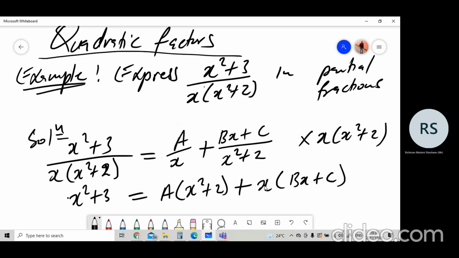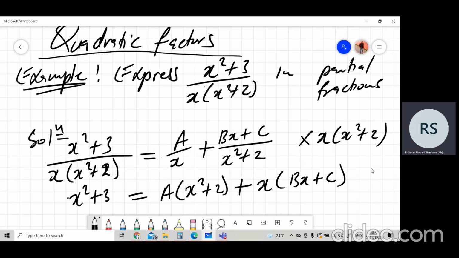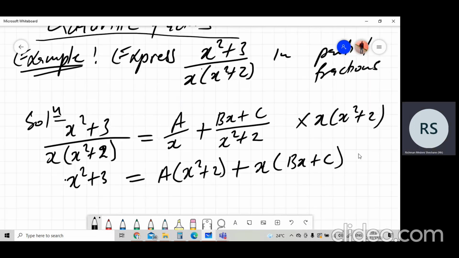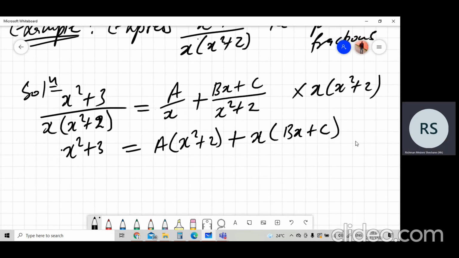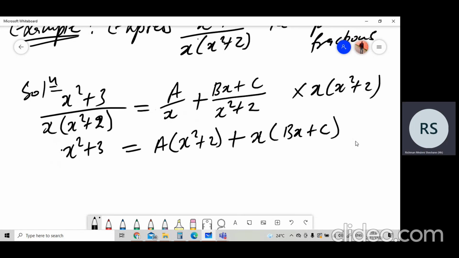All right. Okay, we're solving for the constants. We're following the same steps. Next step, you're thinking of a value of x, because x can be any number, that can cancel or make one term equal to 0 in this expression.